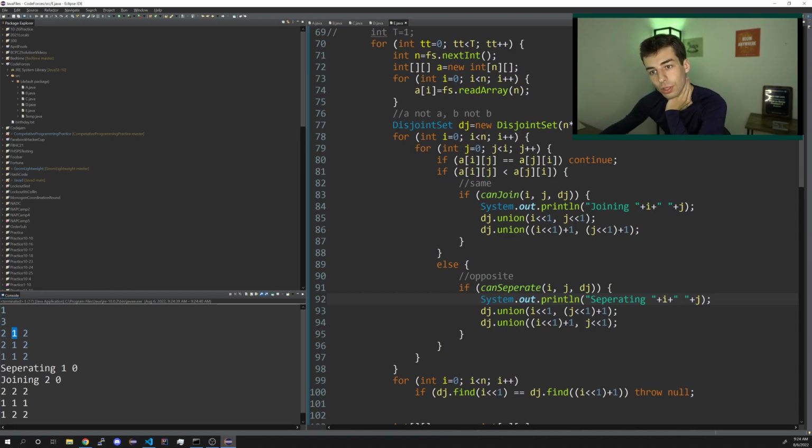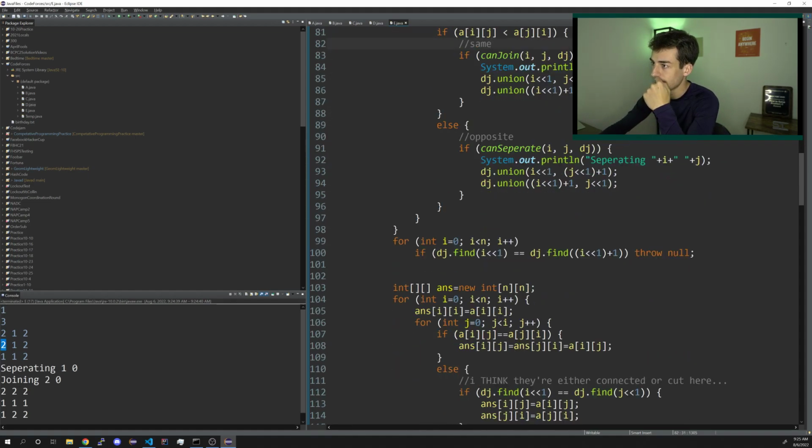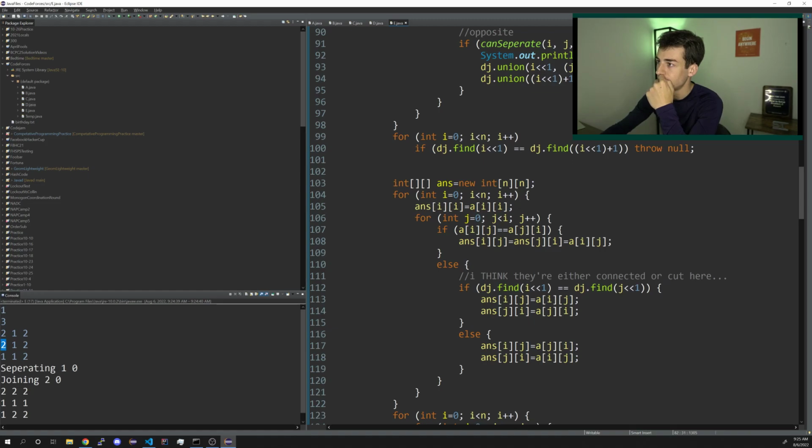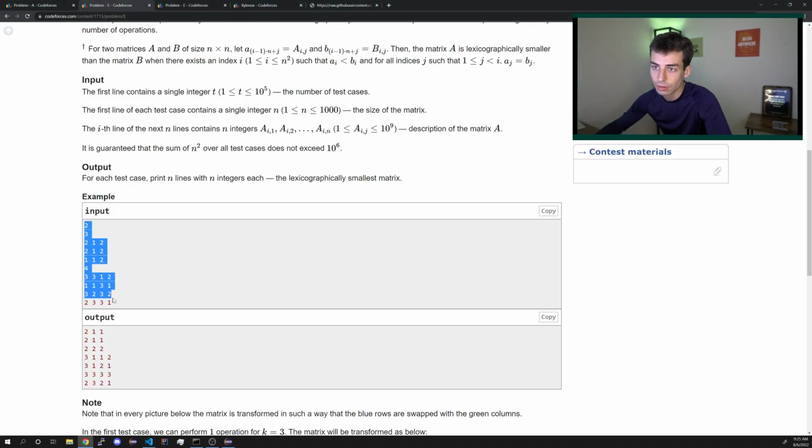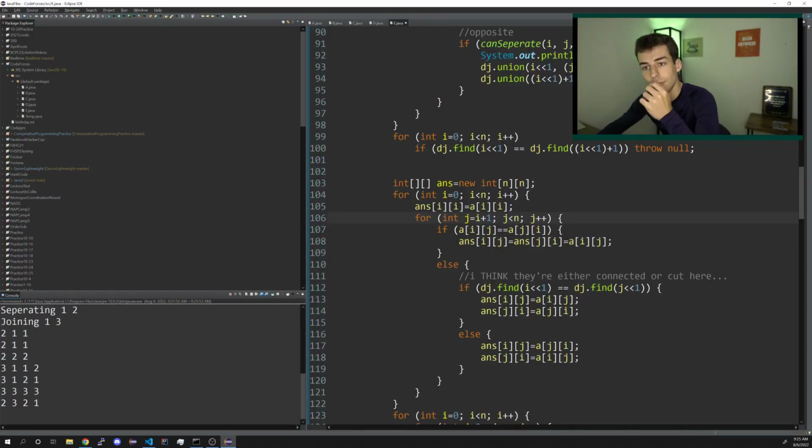Okay. Separating 0 and 1. We shouldn't be separating them, we should be joining them. Joining 0 and 1. Okay, looks right.